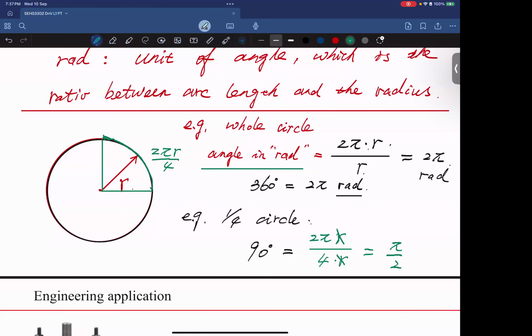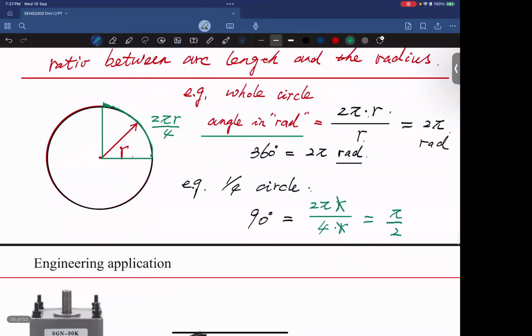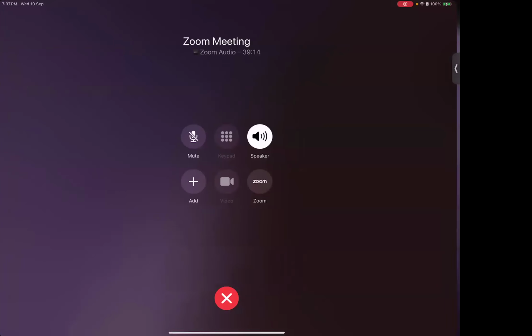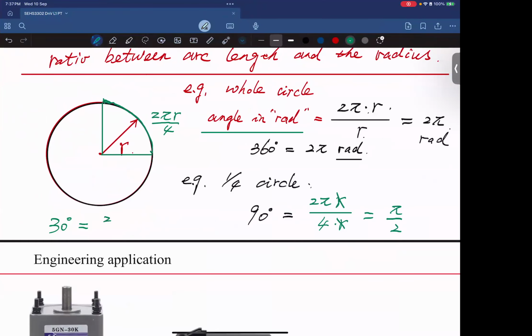So 90 degrees is half pi, and moreover, we can have more degrees. For example, 30 degrees is 1/12 of a circle, which is 2 pi divided into 12 segments. So 2 pi over 12 is pi over 6 RAD.